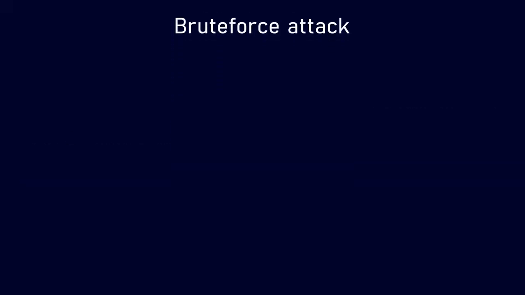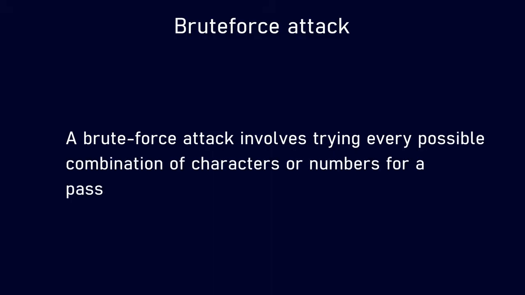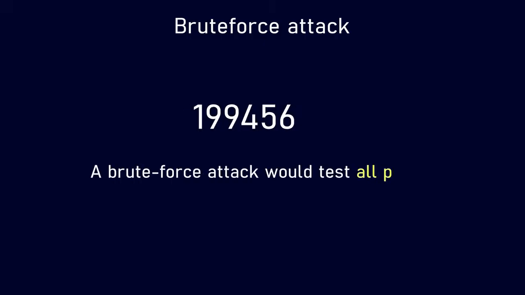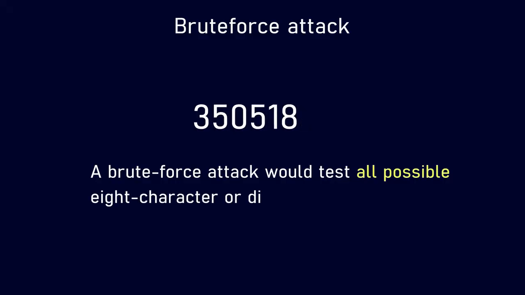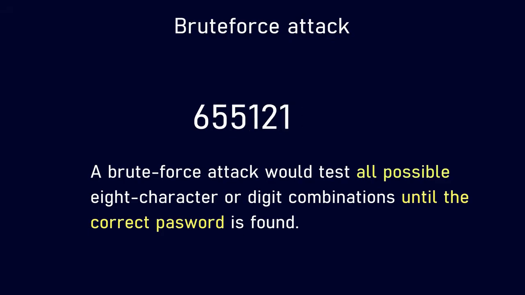A brute force attack involves trying every possible combination of characters or numbers for a password. For example, if a password is 8 characters or digits long, a brute force attack would test all possible 8 character or digit combinations until the correct password is found. Eventually, there will be one correct password among all possible combinations.